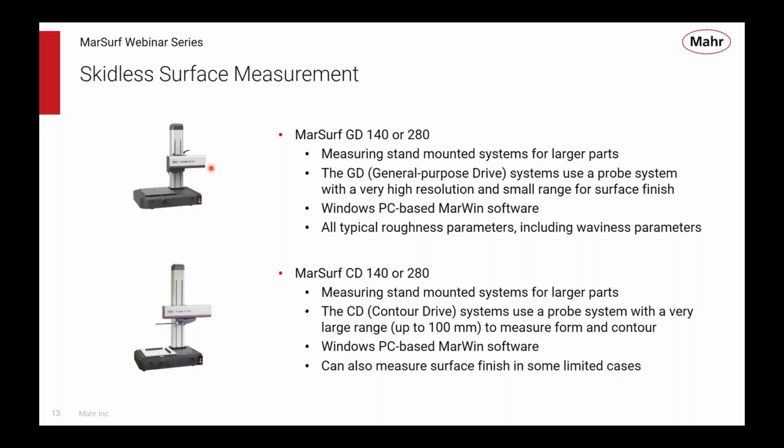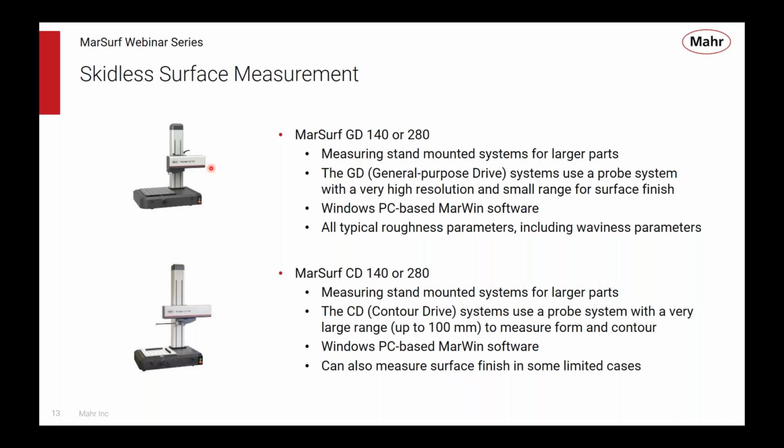It's very high resolution, not very big range. In order to get that very high resolution, it gives you maybe half a millimeter or a millimeter of measuring range with something like a half a nanometer or a nanometer of resolution within that range.